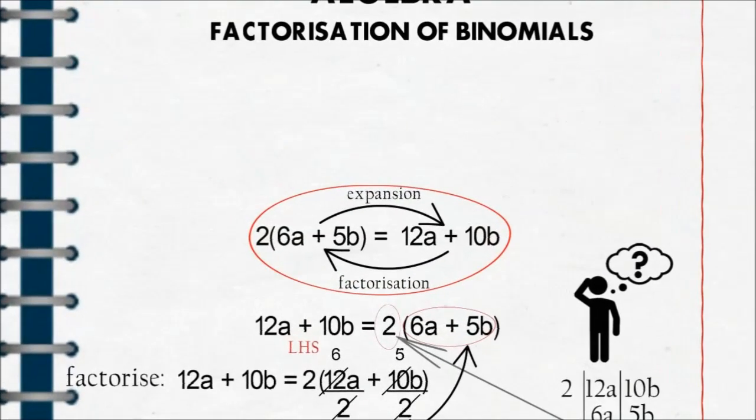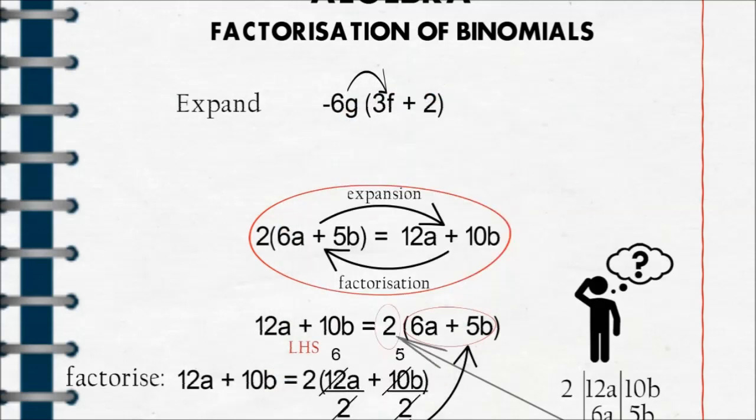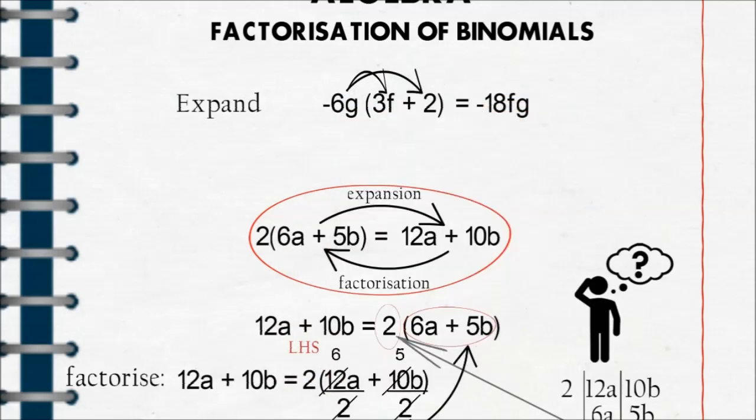For example, if we have minus 6g, open bracket, 3f plus 2, and we're expected to expand this part, it should take us back to our binomial expression that we were given initially. So we're going to have minus 6g multiply 3f to give you minus 18fg, then minus 6g multiply 2 to give you minus 12g. The same.